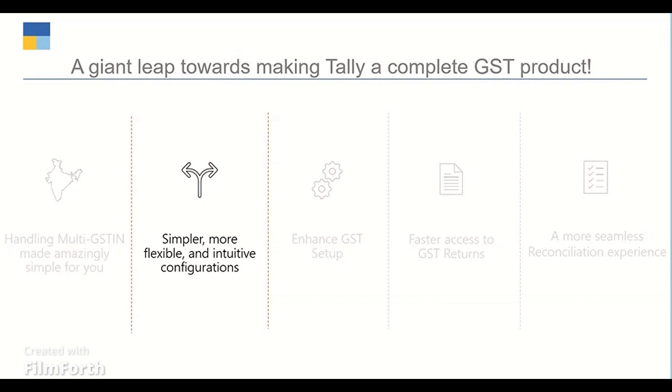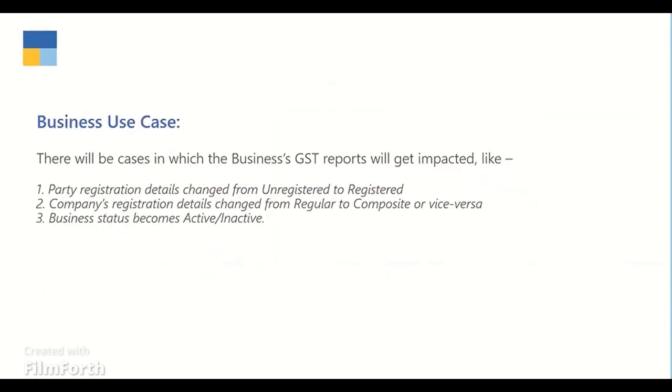Let's continue with the next thing, that is simpler and more flexible, still intuitive configurations. So what is that? Let me explain again with a business use case. There will be cases in which the business's GST reports will be impacted, like if the party registration detail changes from unregistered to registered, and your company's registration itself changes from regular to composite or composite to regular.